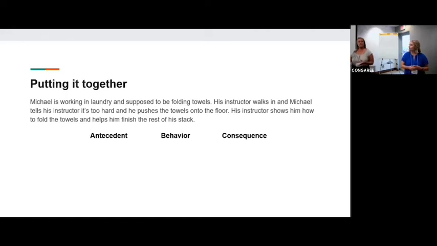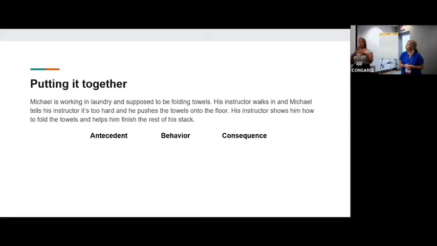So in this example, what would be the antecedent? Should we do the behavior first? Yeah, you can do the behavior first. Pushing the towels on the floor. There's one other thing that he also does. He says it's too hard and he pushes the towels on the floor.